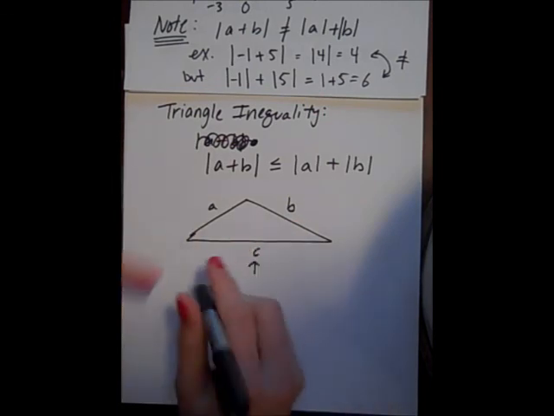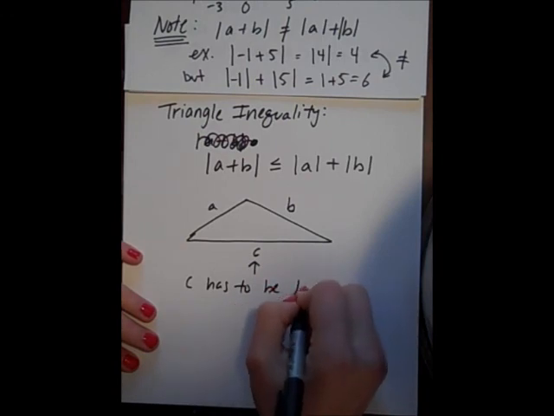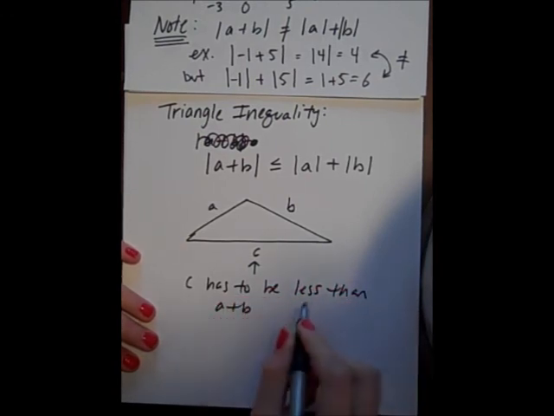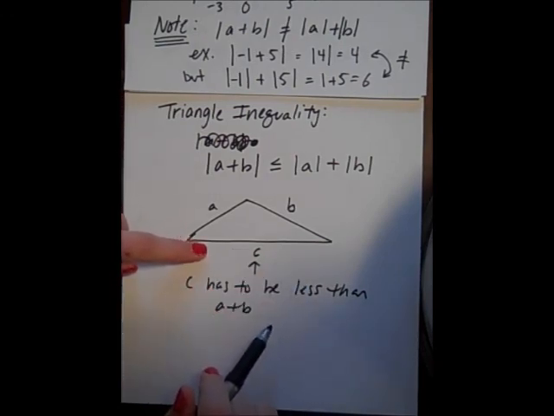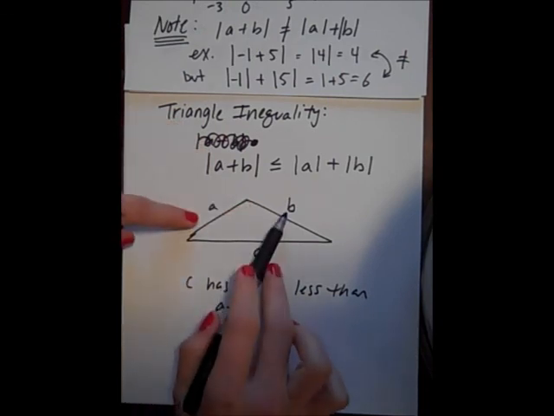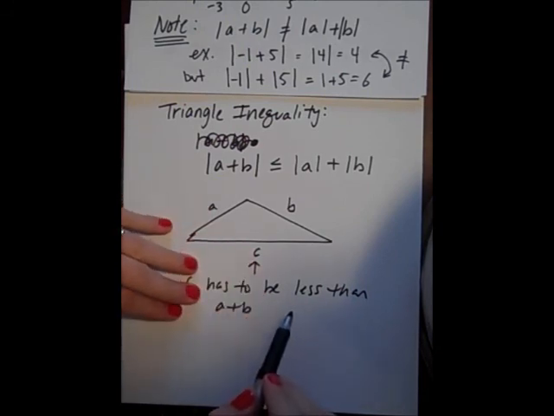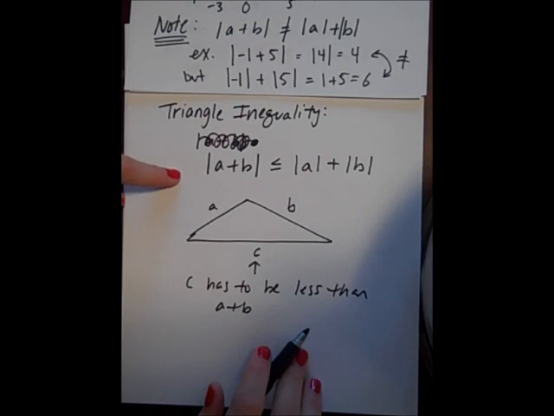So C has to be less than A plus B. That's where this comes from. The third side of a triangle has to be less than or equal to the sum of the other two sides. Alternately, the sum of these two sides has to be greater than the third side. So because of the way that the sides of a triangle work, that's where the triangle inequality comes from.